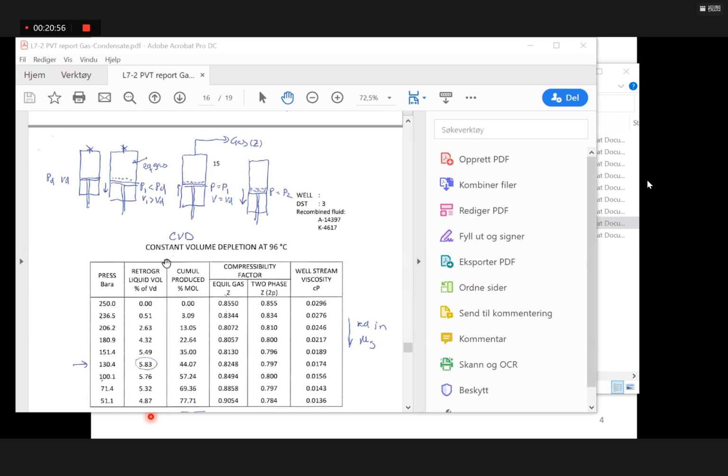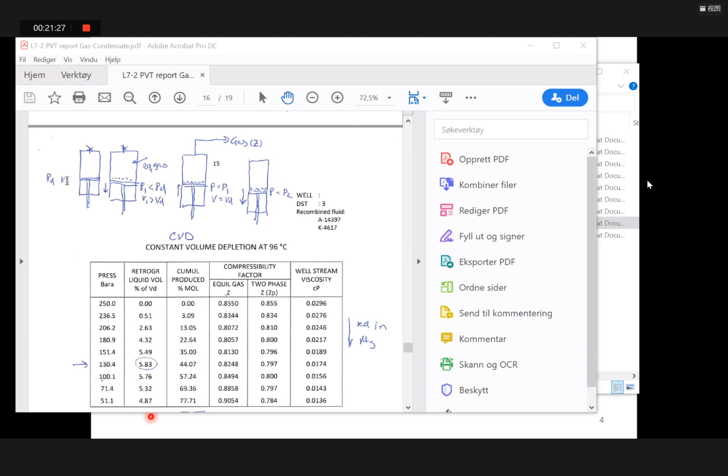And when we are doing a pressure reduction below dew point, as we also do here in a constant volume depletion, we reduce the pressure, and then the fluid in the PVT cell expands, and then we produce the gas back to the volume we had at dew point, Vd, the volume at dew point. So we keep the volume constant.